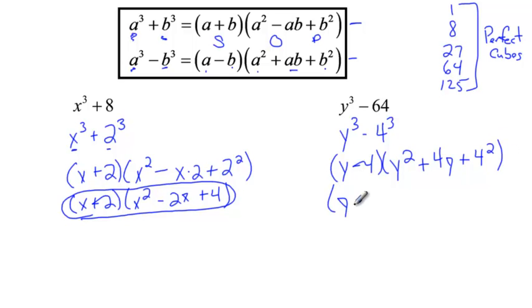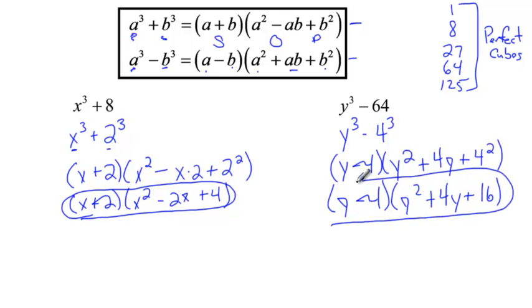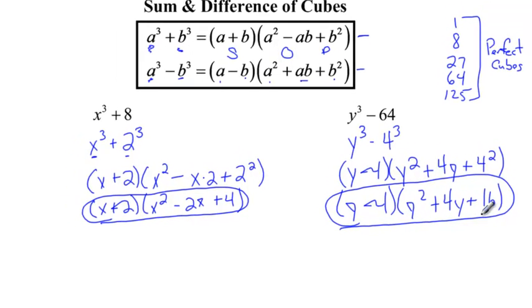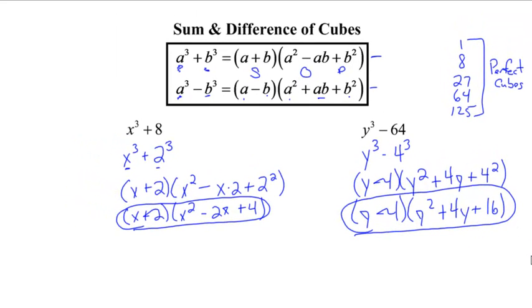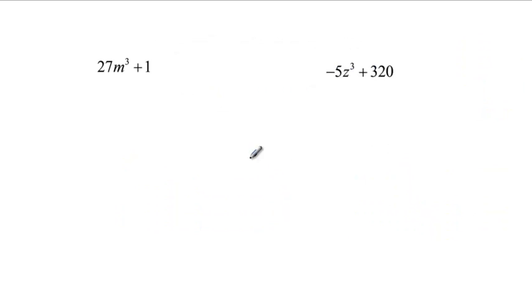Then y minus 4 times y squared plus 4y plus 16. And again, two numbers that multiply together to give me 16 and add together to give me 4 don't exist, and so that's my final answer. All right, let's do two more difference of cubes problems.